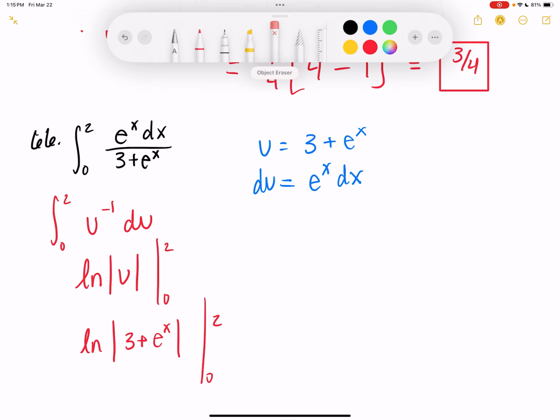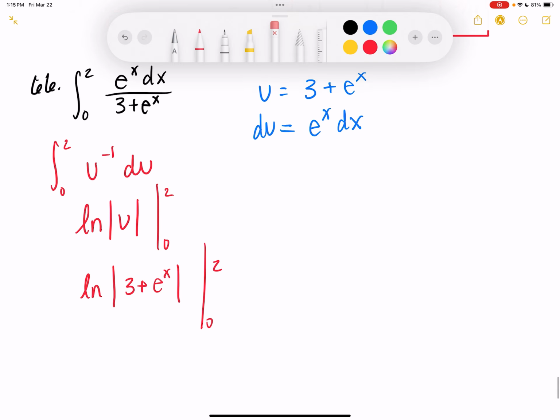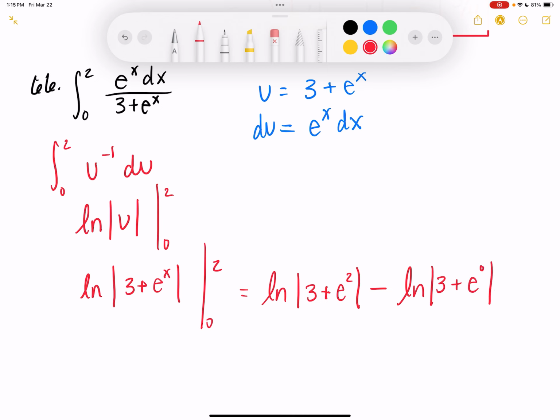So this is going to be the ln of 3 plus e squared minus the ln of the absolute value of 3 plus e to the 0. Now, this is a problem where you're going to need your calculator to get the final answer.